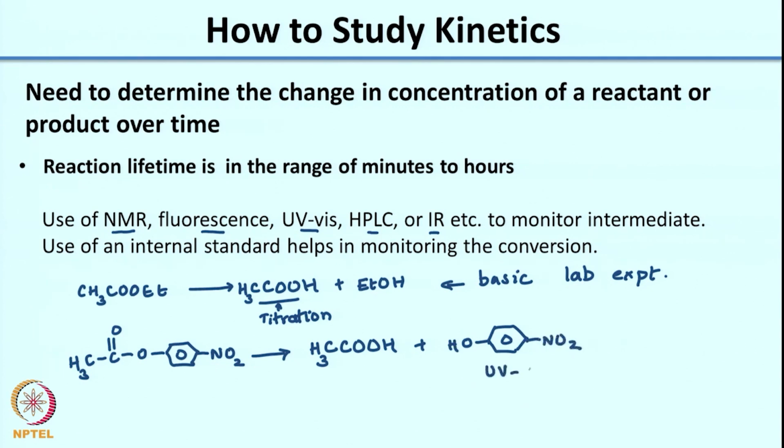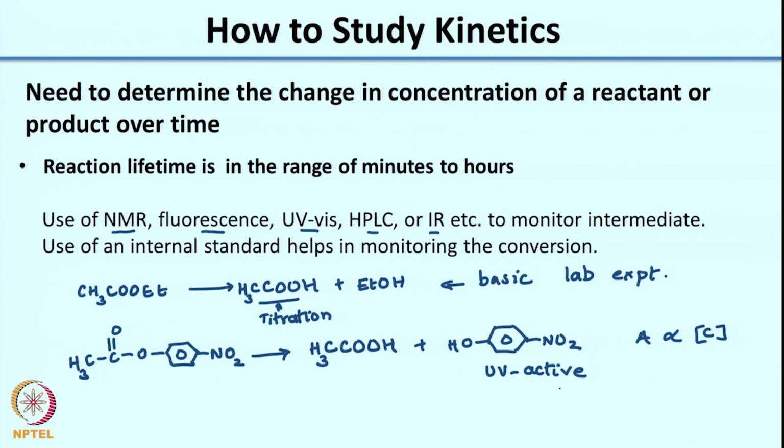Now this compound is UV active. So as you know, absorbance would be directly proportional to the concentration of the UV active species. So you can use absorbance to figure out how the product changes over time.